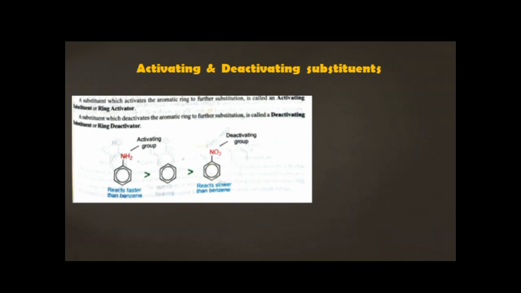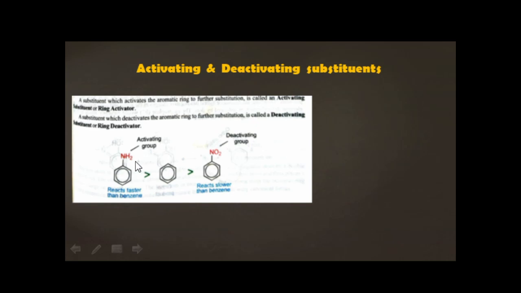A substituent which activates the benzene ring for further substitution is said to be an activating substituent or ring activator. In the slide, look at the center, where benzene is. On the left side we have aniline. In aniline, the first substituent is the amino group.